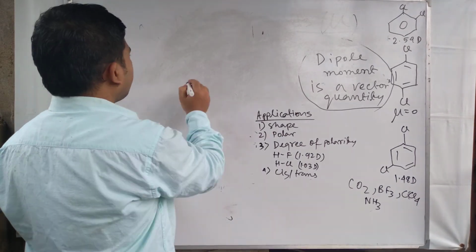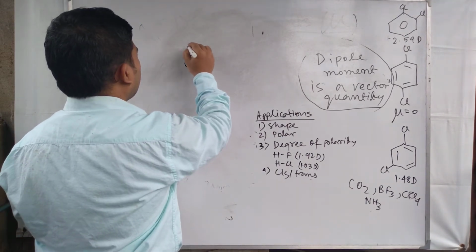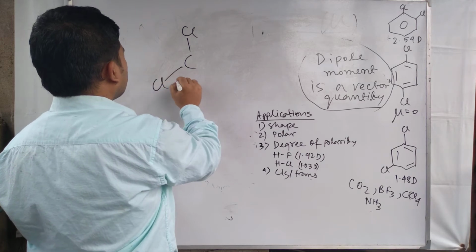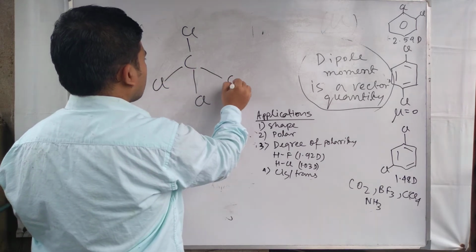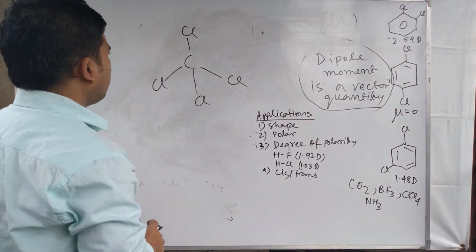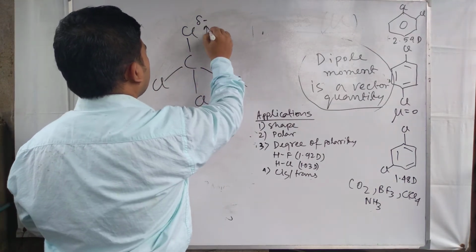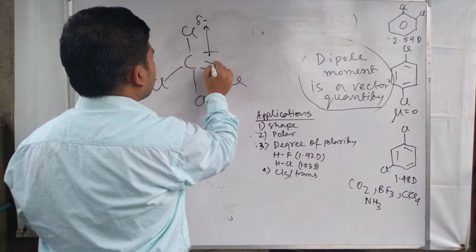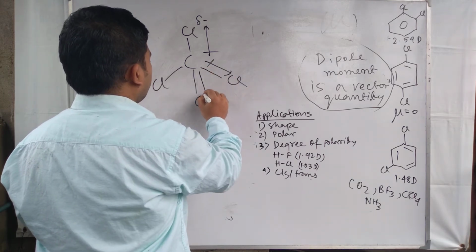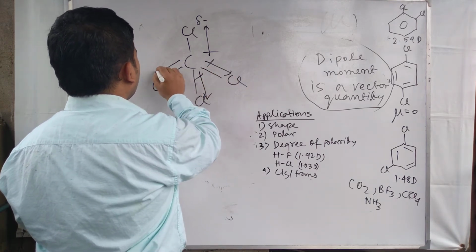We take the next example, CCl4. Here chlorine is more electronegative than carbon, so for this reason the bond moment is represented from the carbon side to the chlorine side.